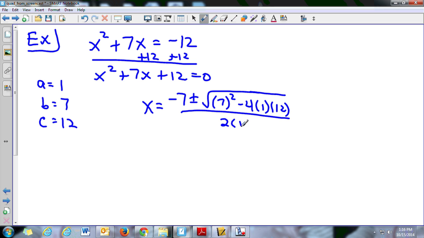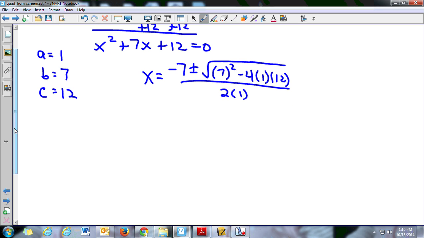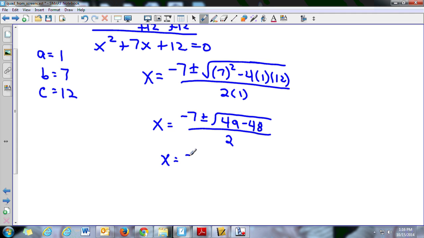Okay, so you substitute your values in, and now simplify. 7 squared, we get 49, minus 48, all over 2. And so we get negative 7 plus or minus the square root of 1. Well, we know what the square root of 1 is.